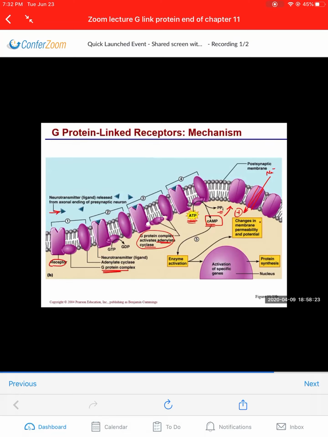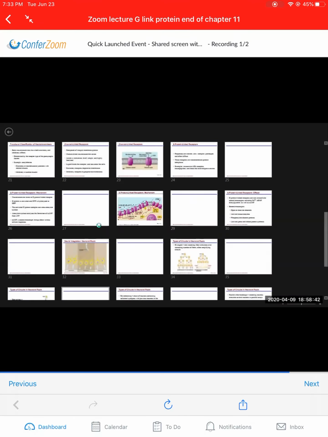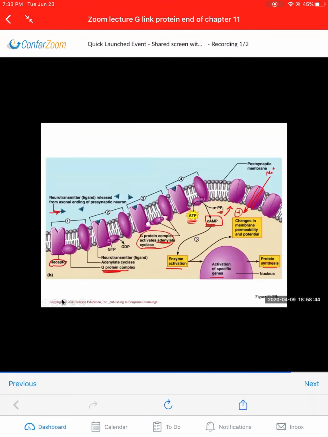Or it could be a closure of these channels, inhibiting something from going out, like potassium, for example. It could activate an enzyme, activate a gene, or activate protein synthesis. So just like the dominoes can do different things, as I showed you earlier, they can do different things as well. Depending on the cell, they might have a different response.